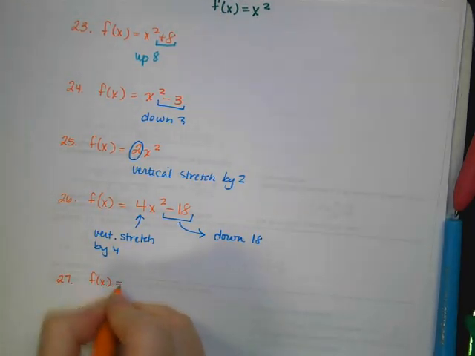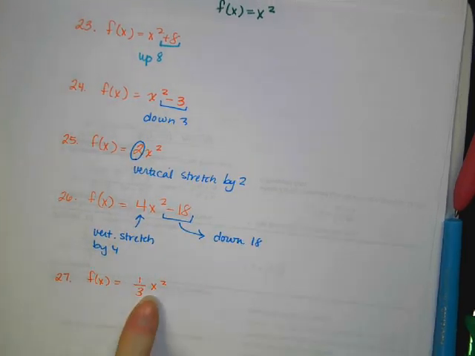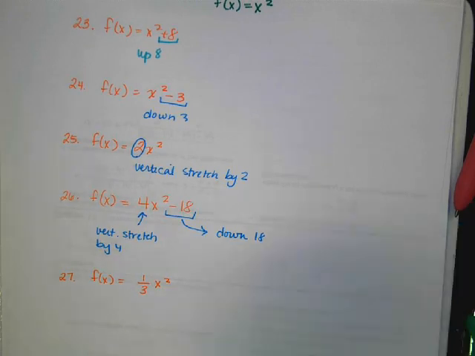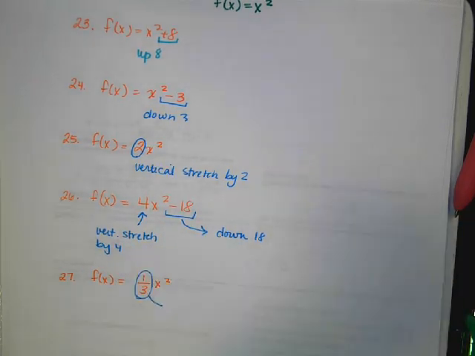Okay, we're looking for anything that looks different than the original. So I have a 1/3 in front of my x squared. It's not grouped with x in any way. So that 1/3 is making it 1/3 times the original function. Anytime we multiply something by a fraction, like if I multiply your height by half, it would make your height half of what it was, smaller.